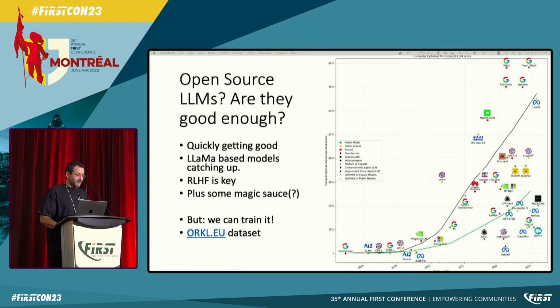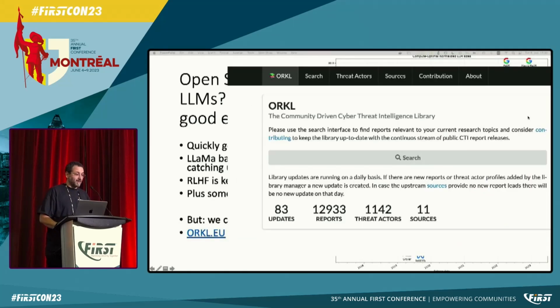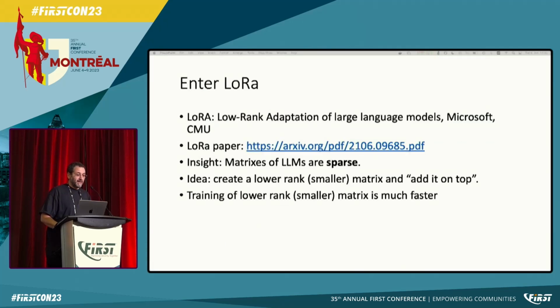Yes, there are open source models that you can use, mostly Llama and models built on top of Llama. There is a data set where you can fine-tune these open source models, like oracle.eu. And there's a mechanism called LoRA, which allows you to train that in a matter of maybe 15 or 20 minutes.